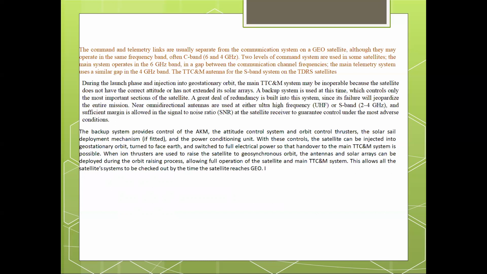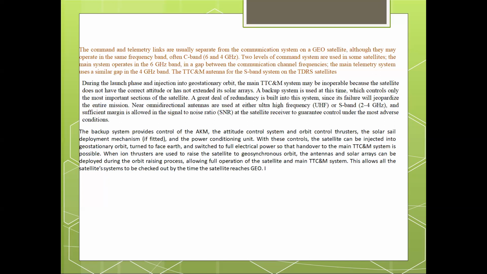In that system, there are two levels of command systems indicated in the satellite. The first operates at the 6 gigahertz lowest band, and the gap between the communication channel frequencies, and sometimes it is also able to maintain the telemetry system, which is 4 gigahertz.